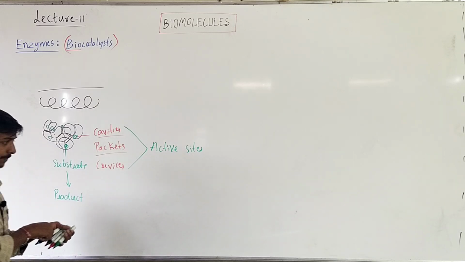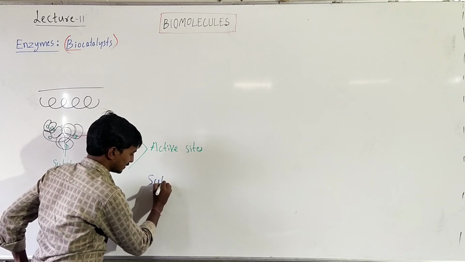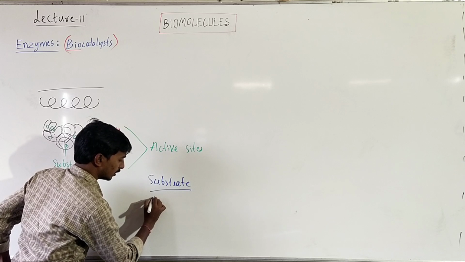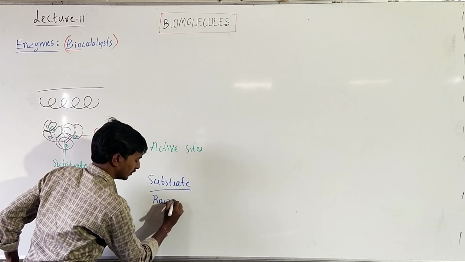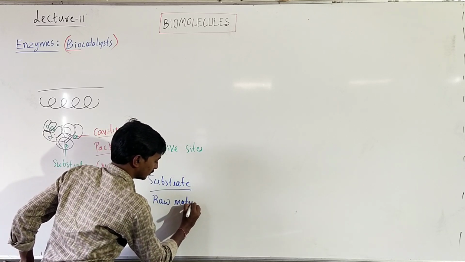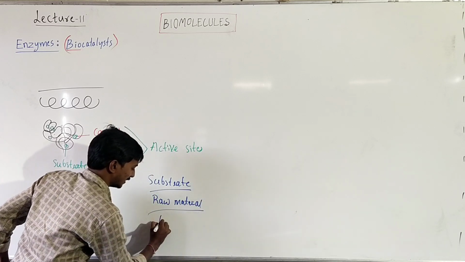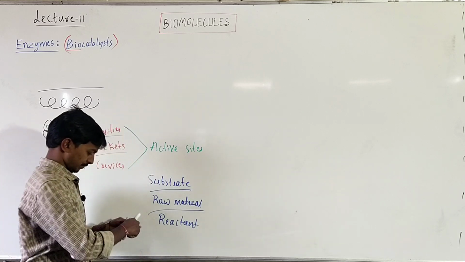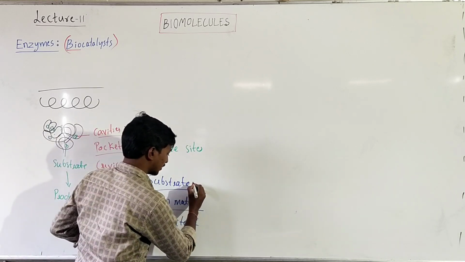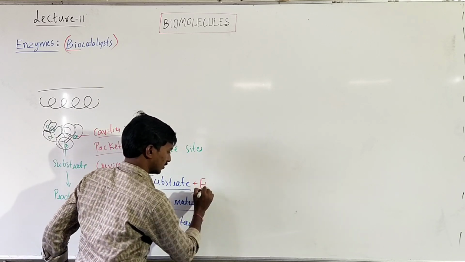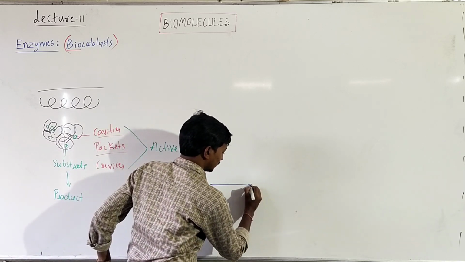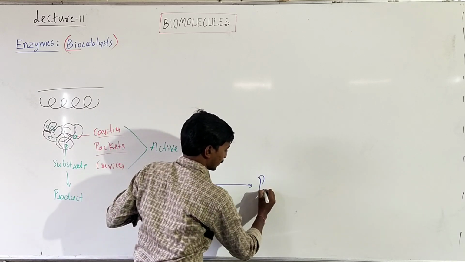Okay, firstly we should know the substrate, nothing but our raw material for any reaction, or it's also called reactant. For this substrate we need some enzymes to speed up the reaction that will convert the substrate into a product.